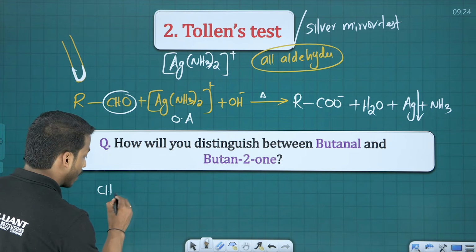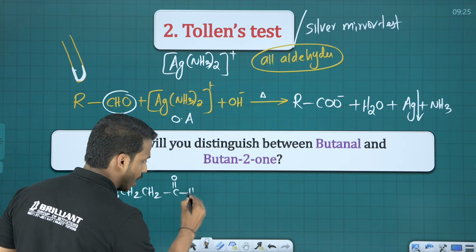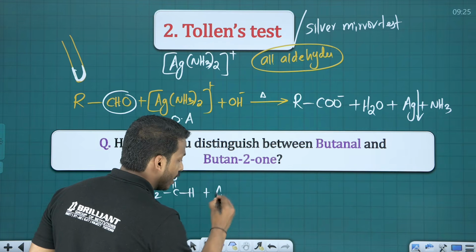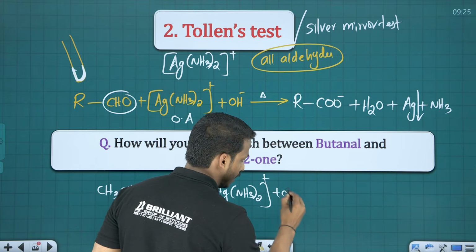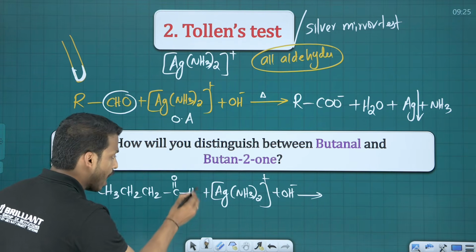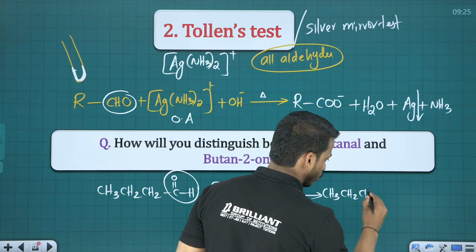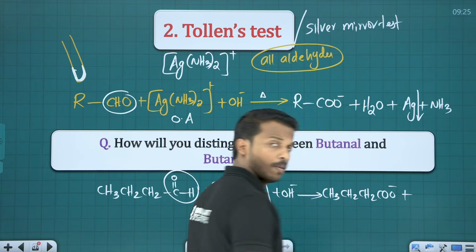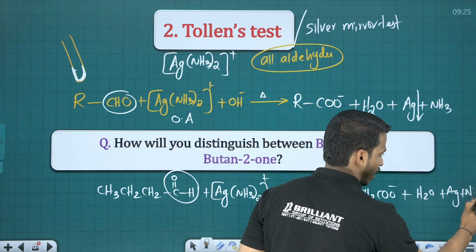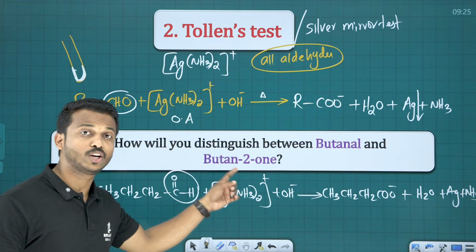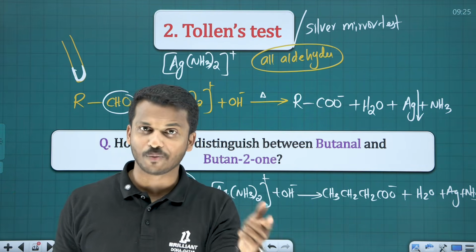It's compulsory to write the reaction during the exam. Butanal, when reacted with [Ag(NH3)2]+ with base and heat, becomes the salt of the acid, CH3CH2CH2COO minus. The byproducts are always the same: H2O, silver and ammonia. Ketone does not respond to this test. When you're doing a distinction test, one should give, one should not.